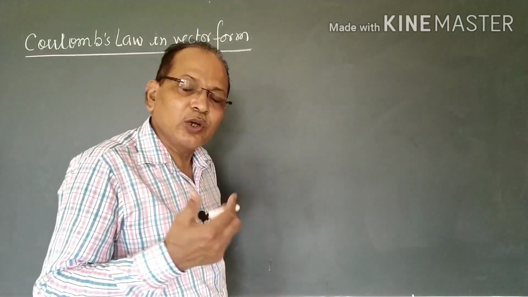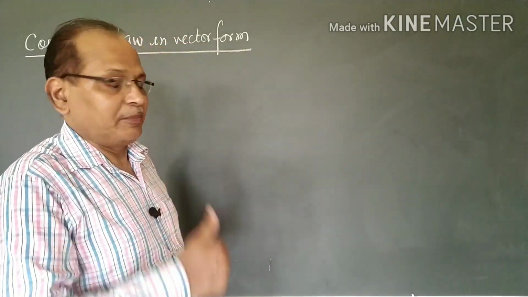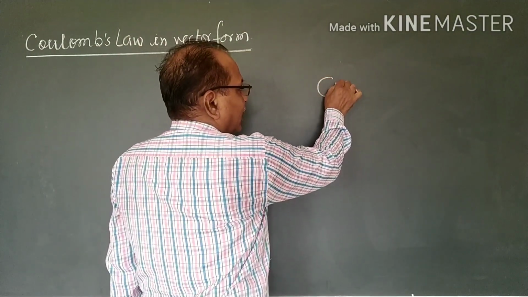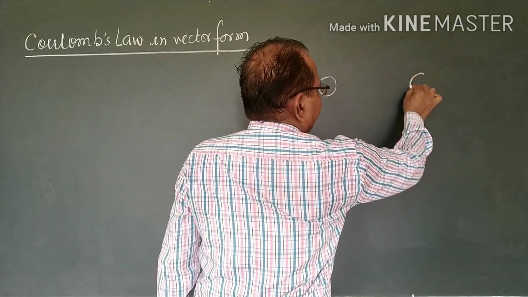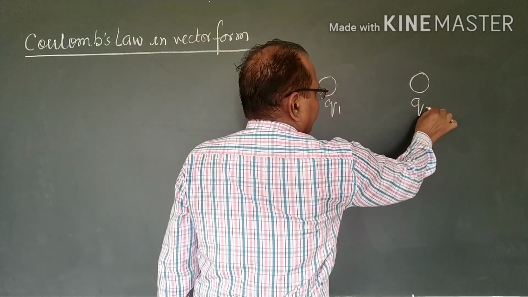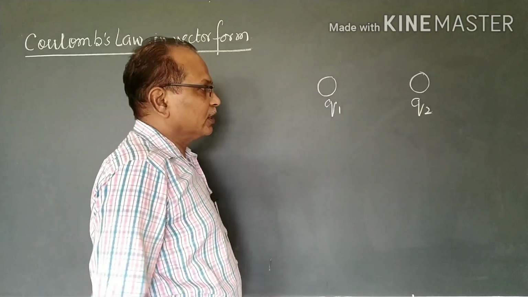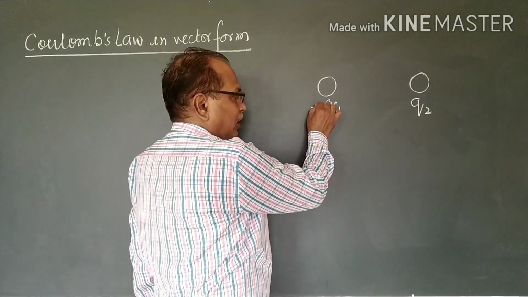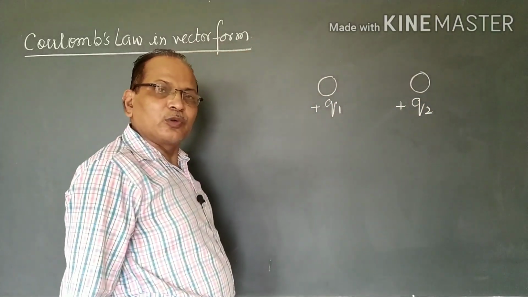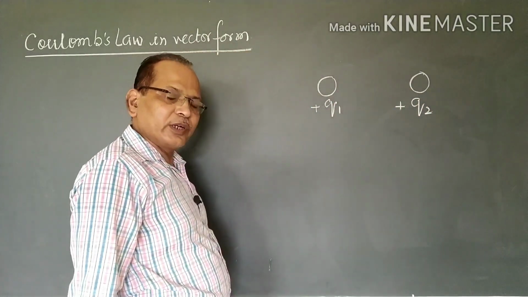How can you represent Coulomb's law in vector representation? For example, these are the two charges Q1 and Q2, having positive charge on both.